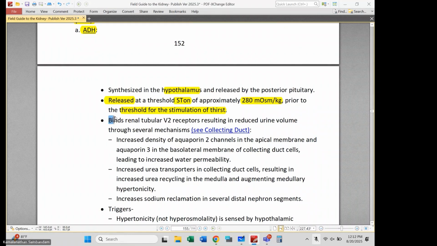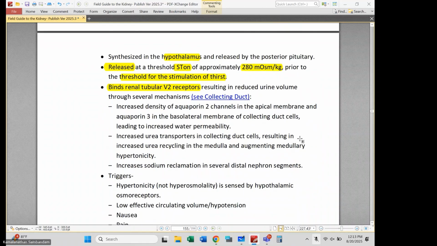Now, vasopressin binds to V2 receptors. There are a lot of different vasopressin receptors. I alluded to this in one of our former conversations, that vasopressin has a very complex biology. There are vasopressin receptors that mediate vasoconstriction. There are some vasopressin receptors that mediate vasodilation as well. And then there are vasopressin receptors that mediate water reclamation. Okay?